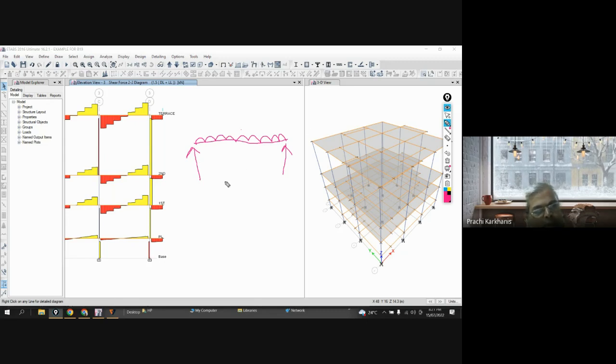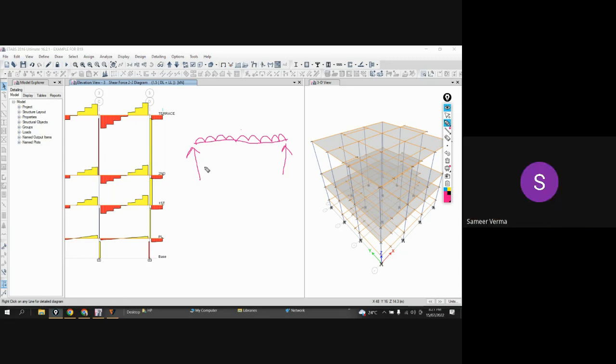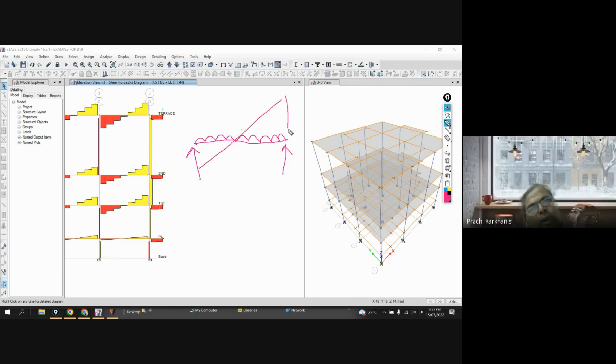And that's why it is showing you the diagram something like this. Now this is something around 62, and this is something around 61. So it will depend as per your analysis. The diagram is showing you negative, but that doesn't mean that you are having a shear force in this direction.